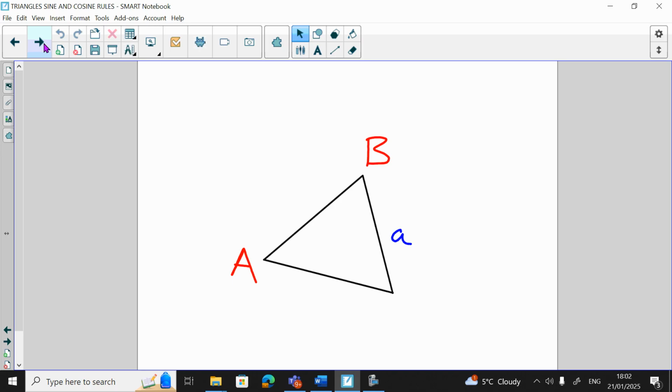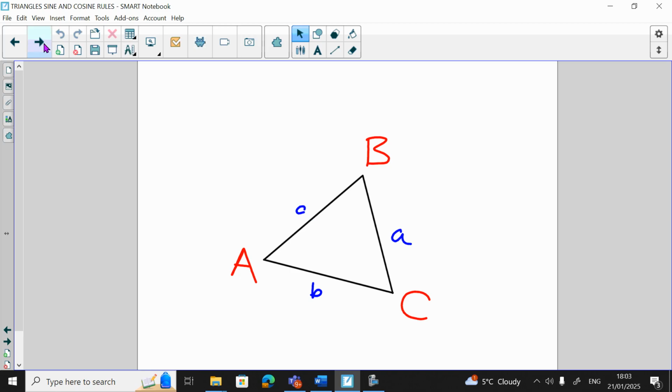Go to another corner, vertex, whatever. So that's angle B. So if I come across from it, I'll label that side small b. And guess what? That angle is C. Come across from that, that's small c.